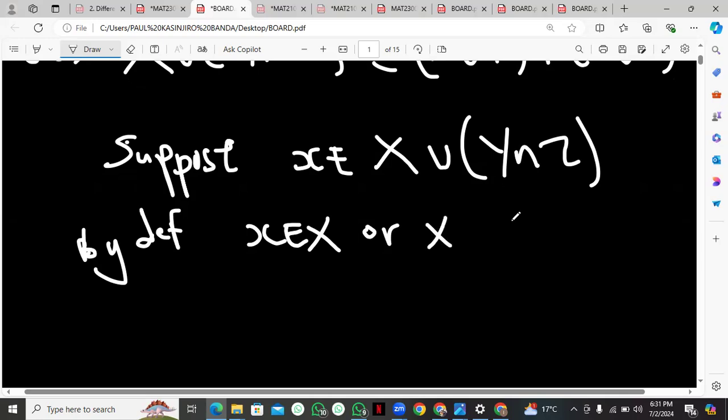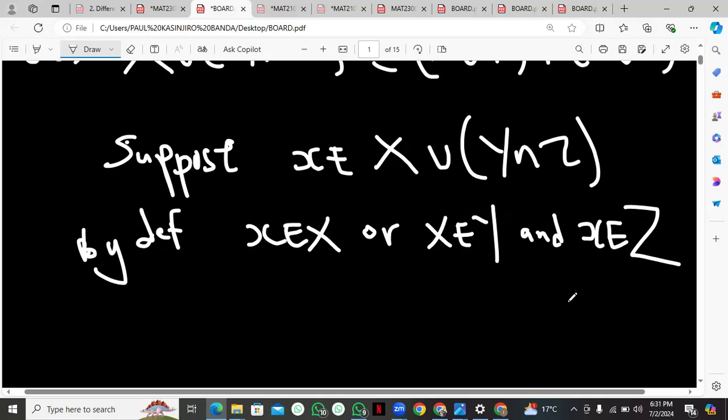X is a member of Y, and then this intersection, it's and in words, X is actually a member of the set Z, okay? So this is the condition that we have by definition, right? By definition, we have that.